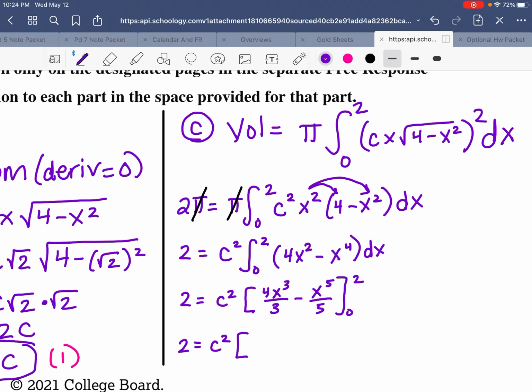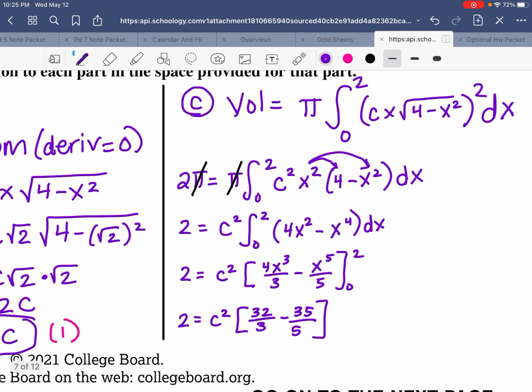If I plug 2 in, I get 2 cubed is 8 times 4 is 32 over 3 minus, I'm going to plug 2 in here, 2 to the 5th is 32 over 5. Nope, sorry, 32 over 5. And then if I plugged 0 in, I would get minus 0, but I don't need to put that here.